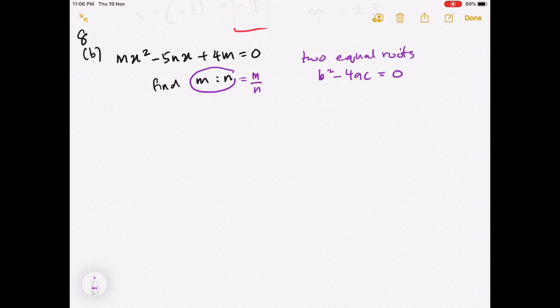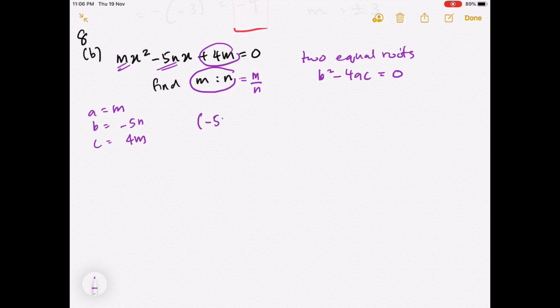So kita cari b kita. So kita keluarkan a kita M. A is the one that times with x squared. So b is the one that times with negative x. And c is term yang tak ada x. So, take out the a, b, c and then we substitute inside the b squared minus 4ac.